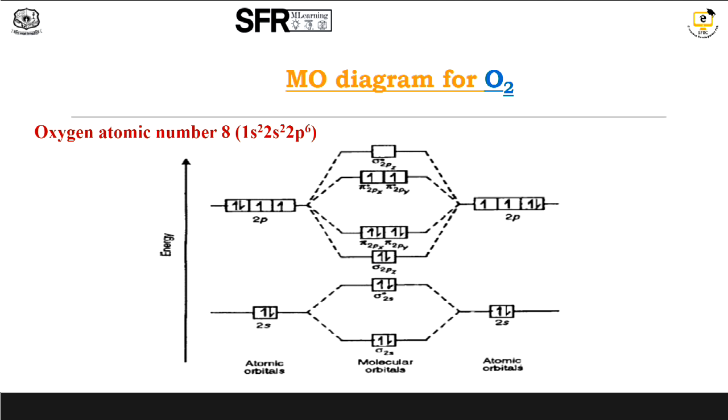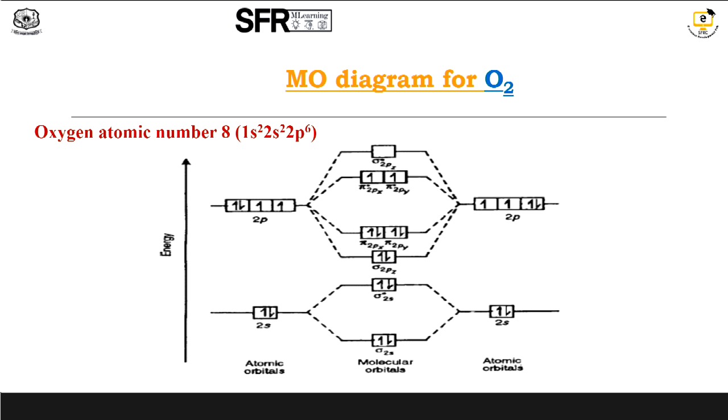Now the electrons are filled in these orbitals based on Hund's rule and the Aufbau principle, from low energy level to high energy level. So the electrons fill sigma 2s and then sigma star 2s. Then the remaining electrons go to the sigma 2pz orbital, then to the pi 2p orbitals, which have two orbitals of the same energy level.